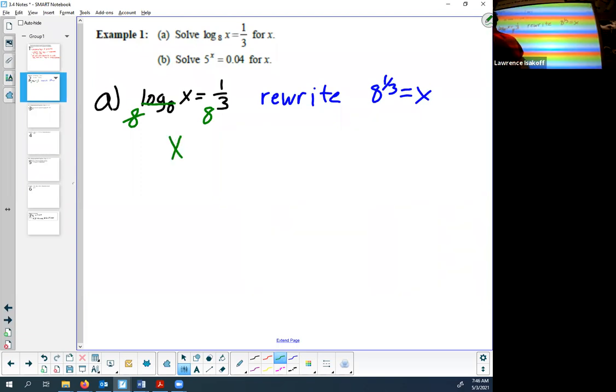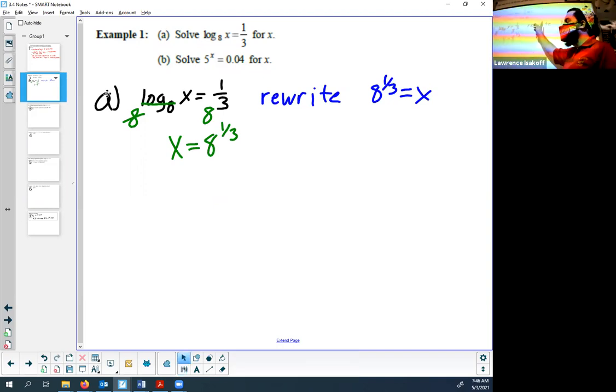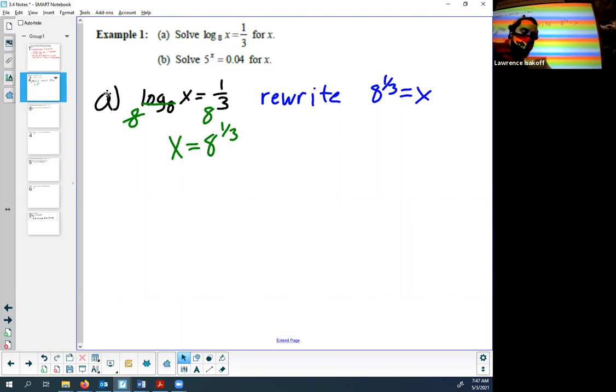And that gives me x equals 8 to the 1/3. I don't care if you use the logic like I did in blue with rewriting or the logic I did in green. Both are saying the same thing, albeit in a slightly different order. This said cube root of 8 equals x, where this says x equals the cube root of 8.